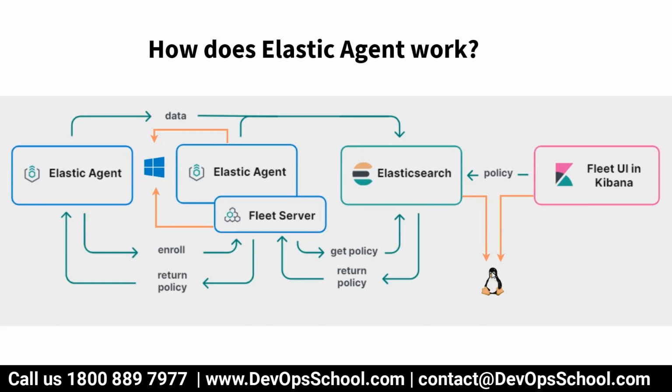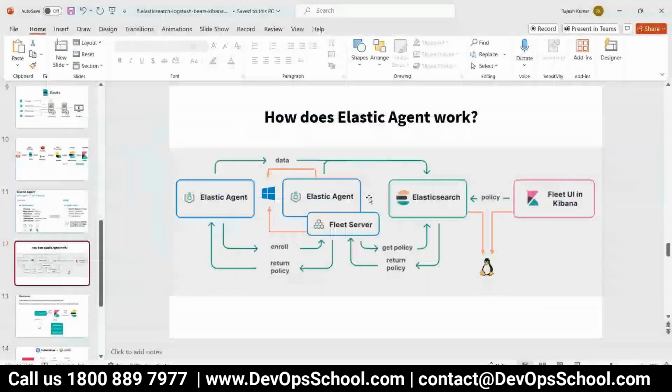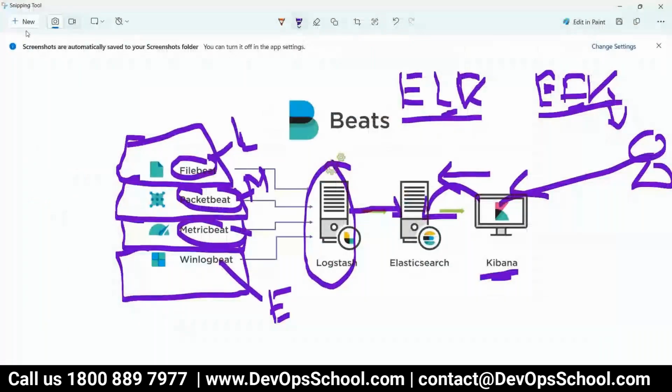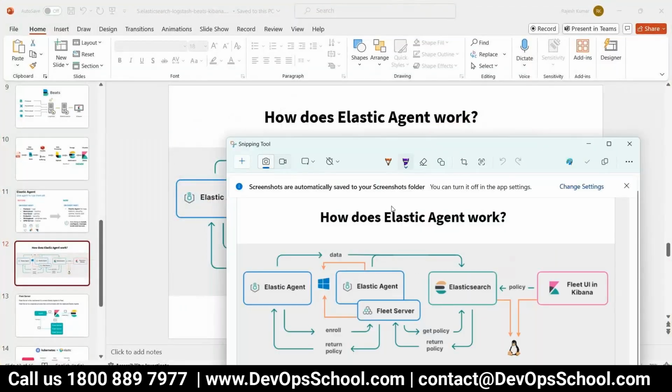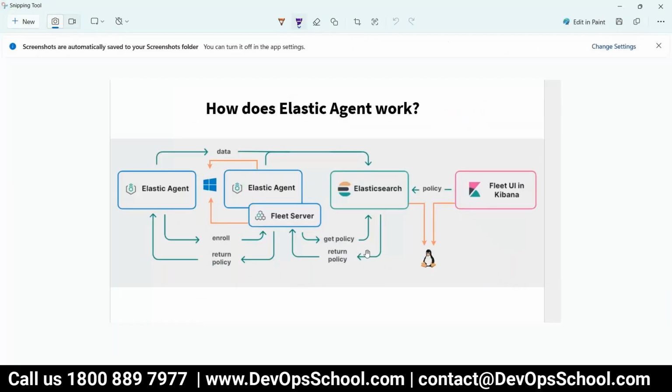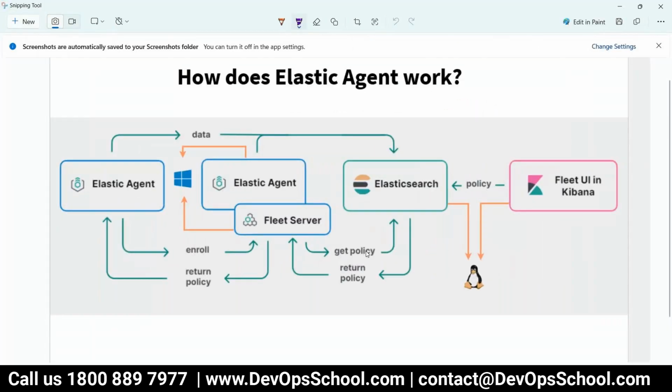So now what happens? Let's say you want to enable something on hundreds of agents. What to do then? Are you going to modify hundreds of agents? How? Anyone would like to help me?